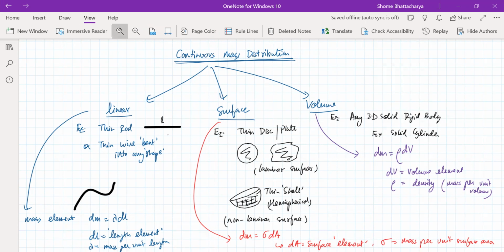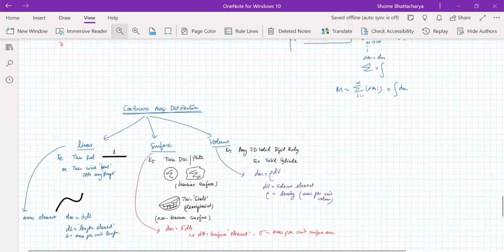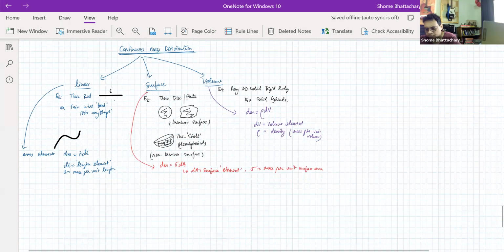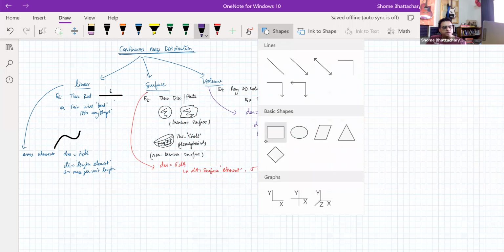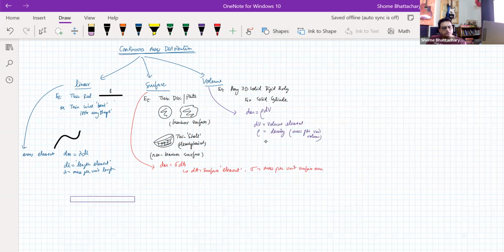Okay, so we'll just do one quick example of the application of integration here. Now, for example, we have something a little unusual, like we have a thin rod, but it is not isotropic. That means the mass distribution is non-uniform.